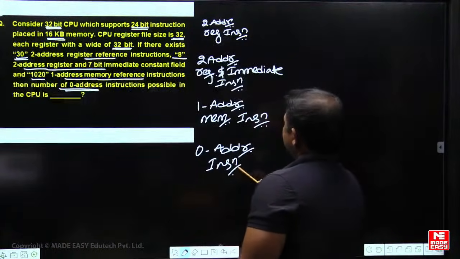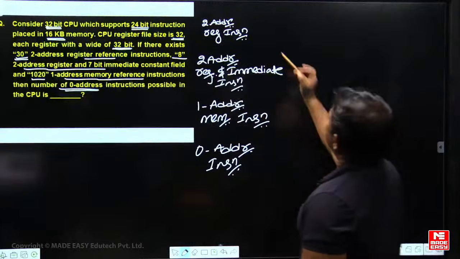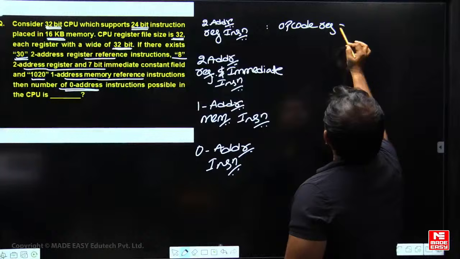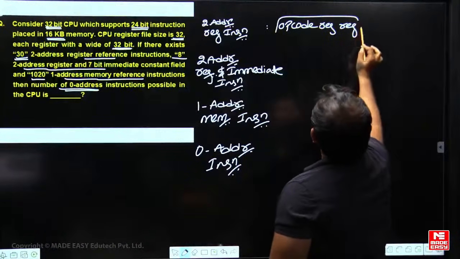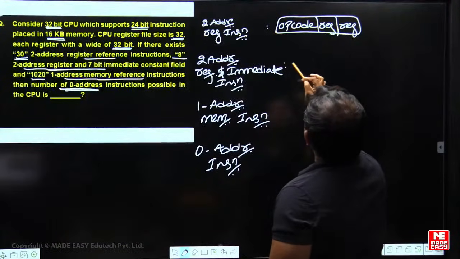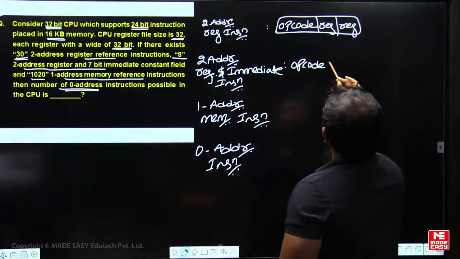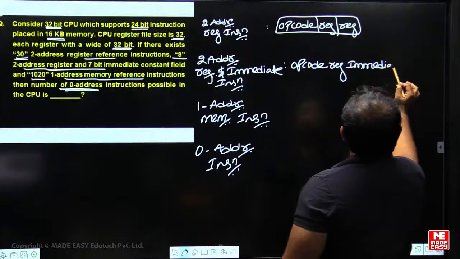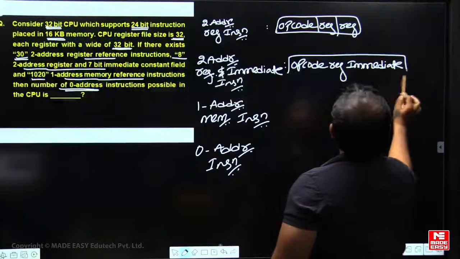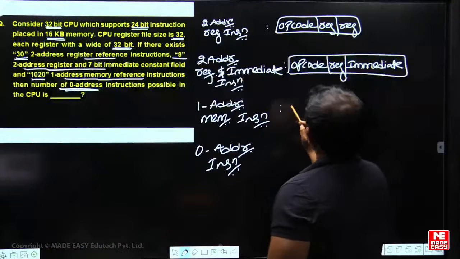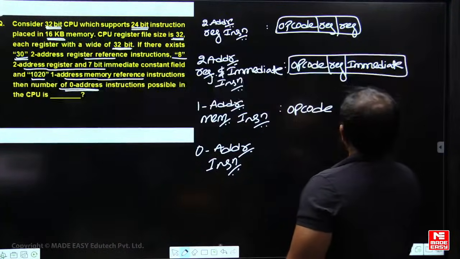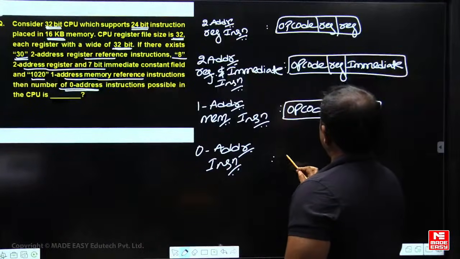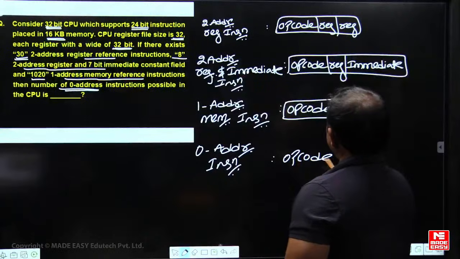There are different instruction formats: two address register, opcode, register. Two address register and immediate, opcode, register and immediate. One address memory, so opcode, memory address, and zero address, only opcode. This is the matter given in the question.